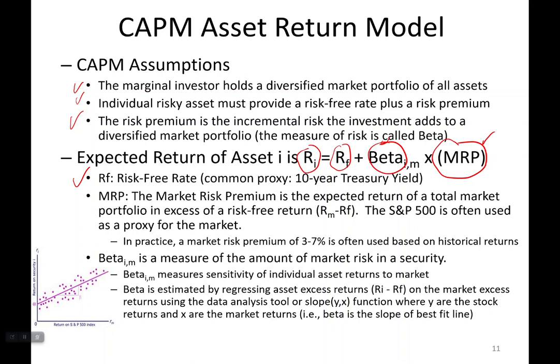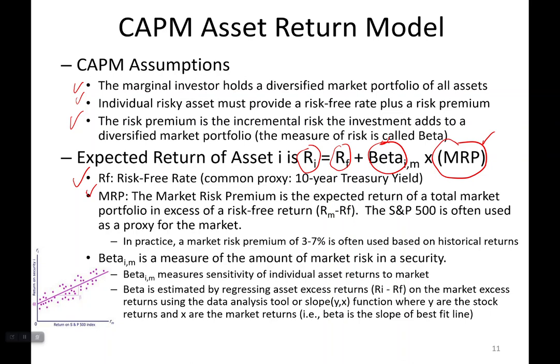All right, the market risk premium. The market risk premium is the compensation of the stock market over the risk-free rate. So say on average the stock market returns 10, and on average the treasuries were 5.